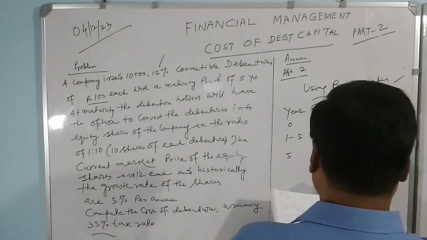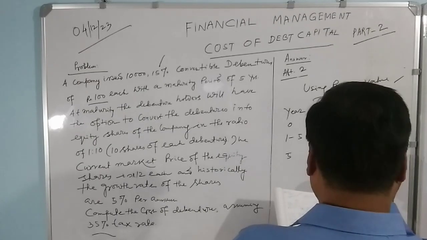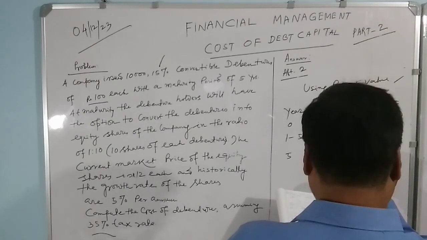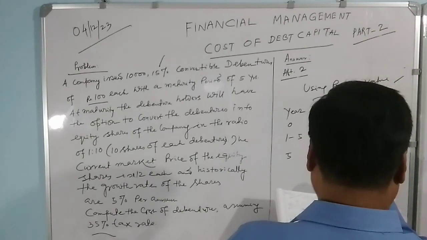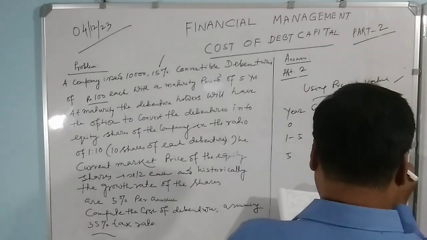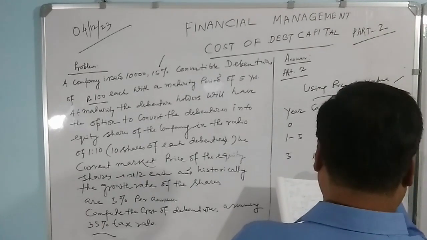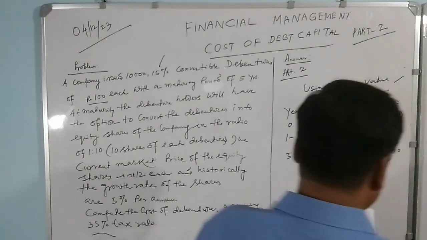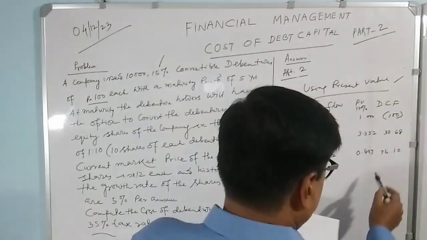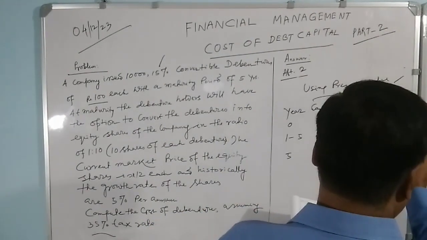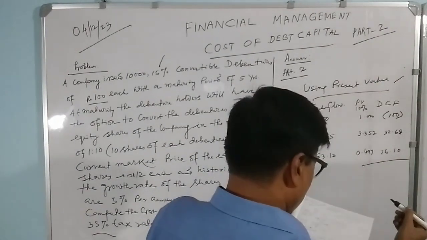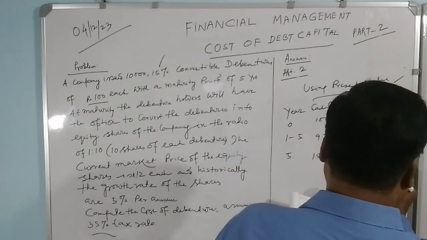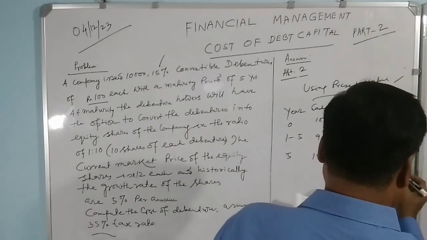153.12. Here in the fifth year your present value factor will be 0.497. So that will become your 76.10. So if you take these two, plus and minus 100, this will come 8.78.